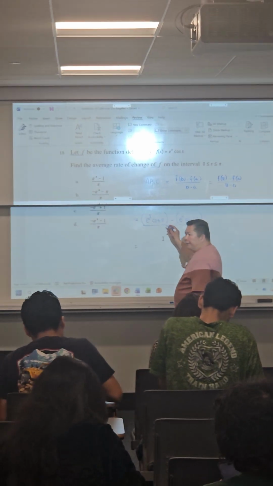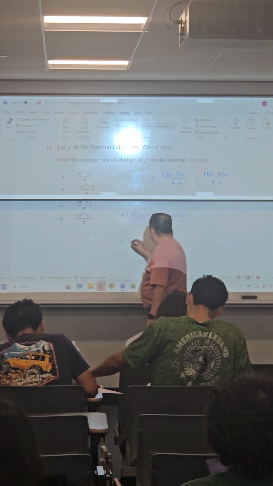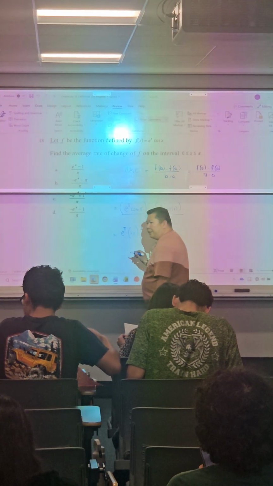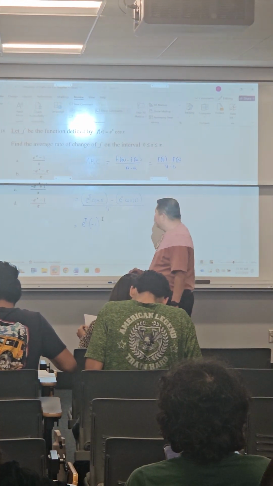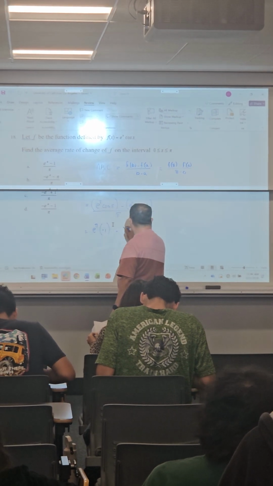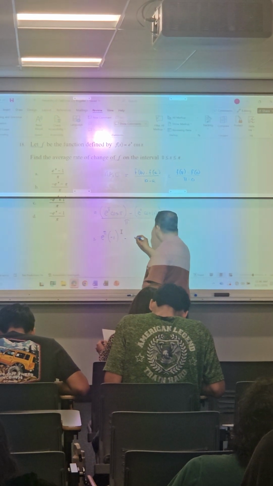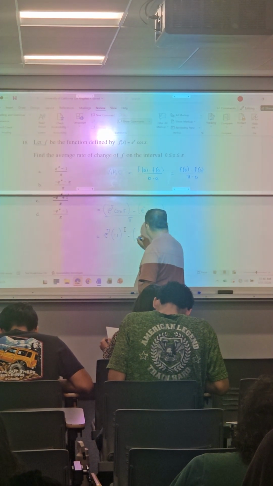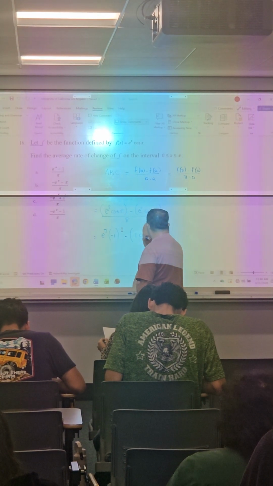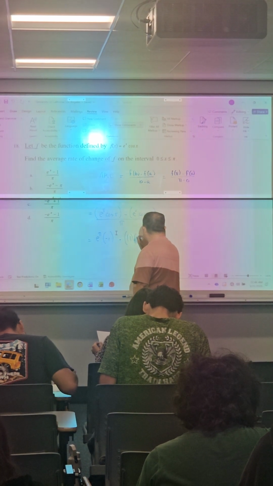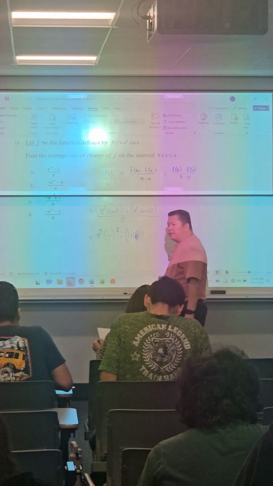So what is cosine pi? So e to the power of negative 1. Cosine pi is -1, right? Okay, minus cosine 0. So what is e to the power of 0? 1, and then cosine of 0 is also 1. So 1 times 1. Am I clear, guys?